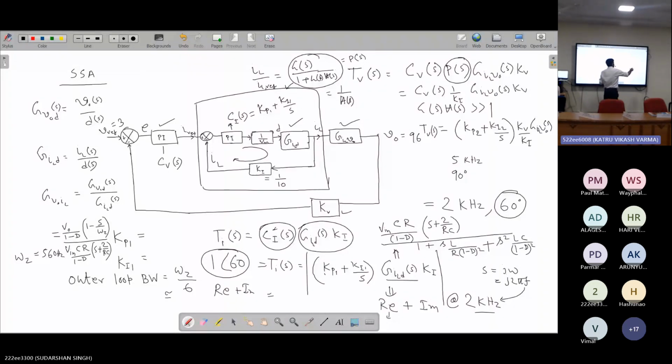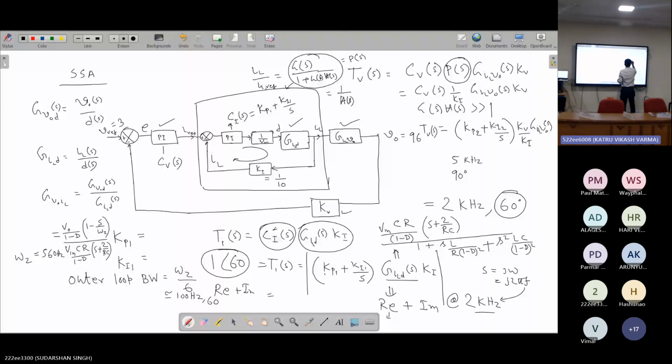So 2 kilohertz was the inner loop bandwidth that we have designed with the 60-degree phase margin. The outer loop bandwidth we designed for 100 hertz, with the same 60-degree phase margin. So these are the two specifications that we have chosen for the outer loop, 100 hertz and 60 degrees. Now it is exactly the same way.